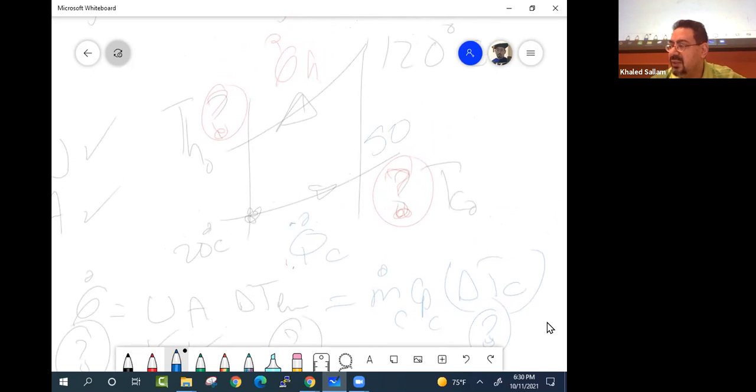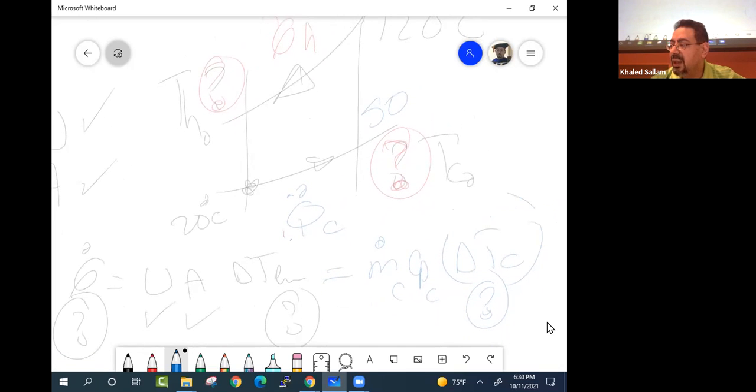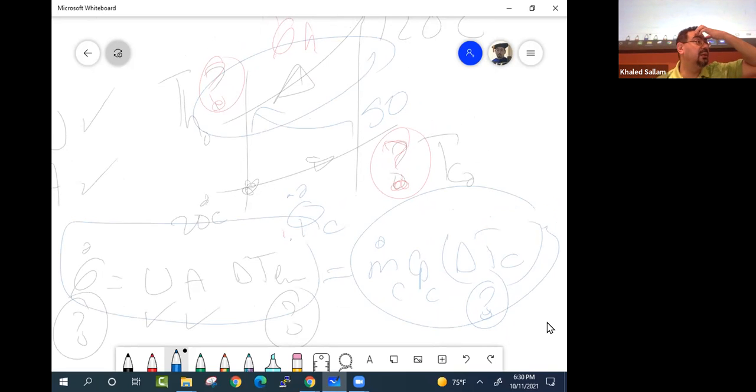If I know this 50, then I can calculate this, and then I can calculate this, and then I can use this equation and see whether 50 really makes this come out to 90 or not. No, it didn't. Let me go back again. And you iterate and iterate and iterate.